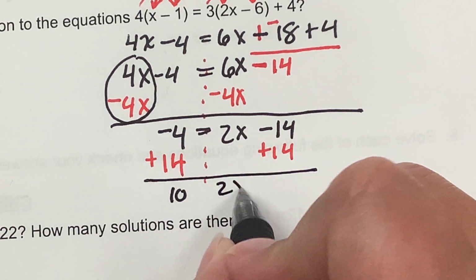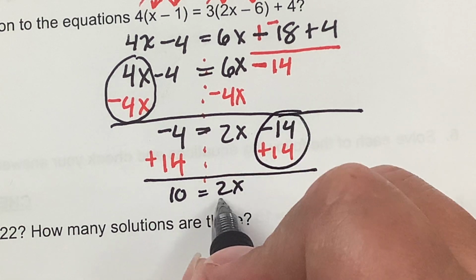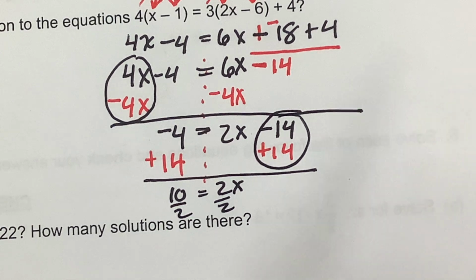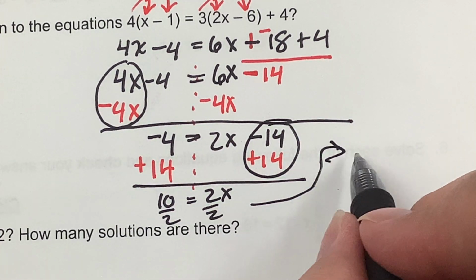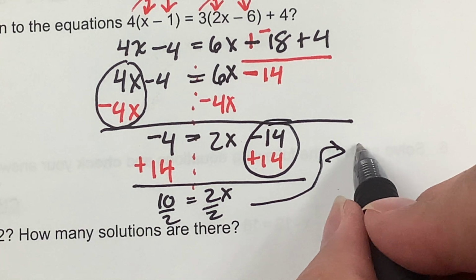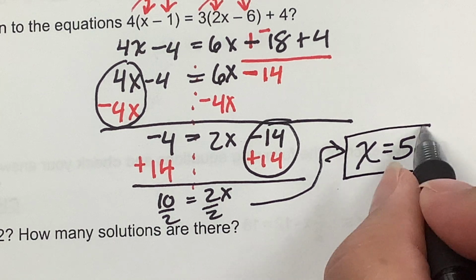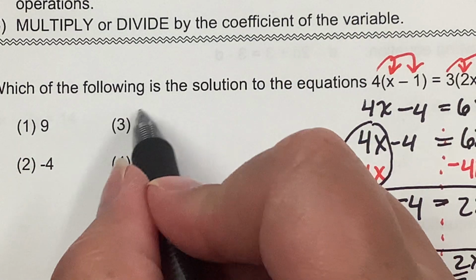Bring down the 2x, and negative 14 and positive 14 is 0. Divide by 2. Oh goodness, look at me getting squishy with the math on the bottom here. Don't worry about it, guys. And 10 divided by 2 is 5, and 2 divided by 2 is x, so x equals 5. And I know that's the answer because right over here, answer number 3 is 5.